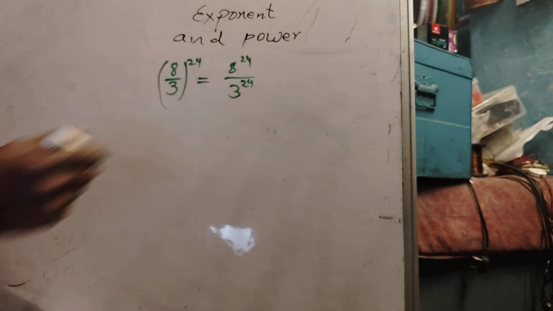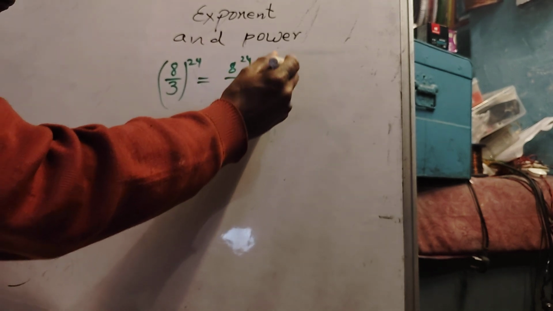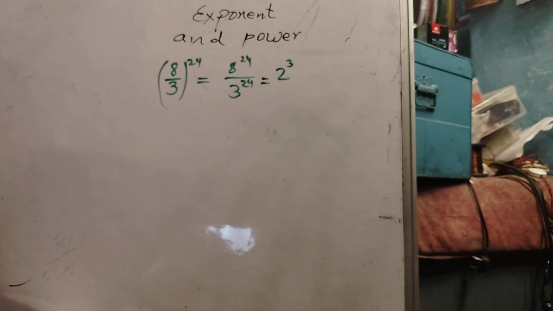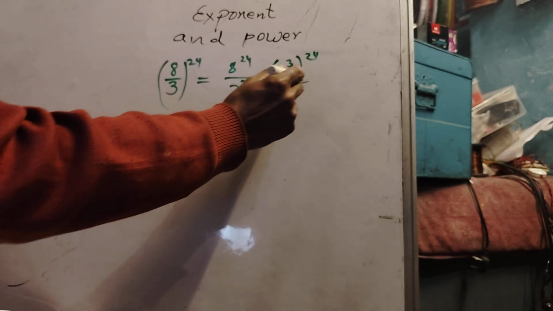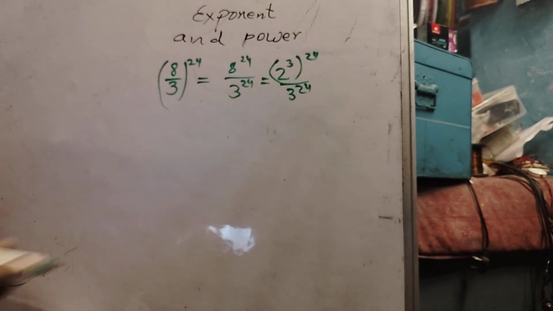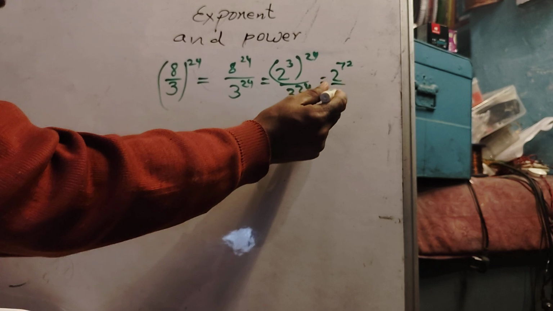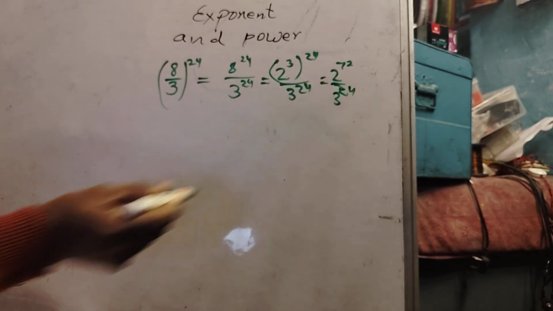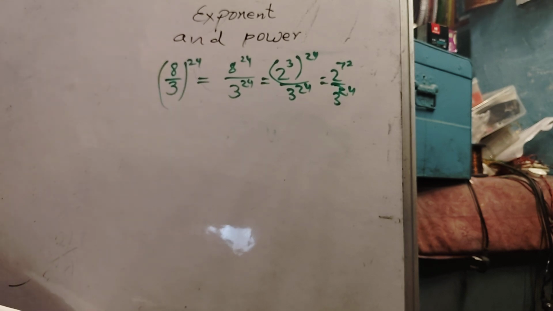Now 8 is not a prime number, so it can be written as 2 power 3, and the whole power is 24, and 3 power 24 stays as it is. Between powers there is a bracket, so the power will multiply. 24 times 3 is 72. So 2 power 72 over 3 power 24.